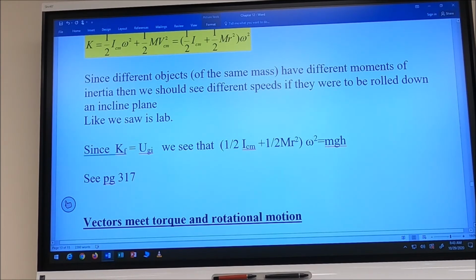So figure 12.42 on page 316 and figure 12.43 on page 317 would be worth a look for you.